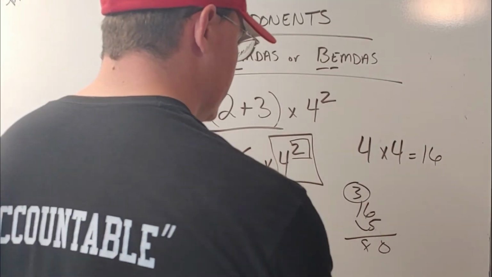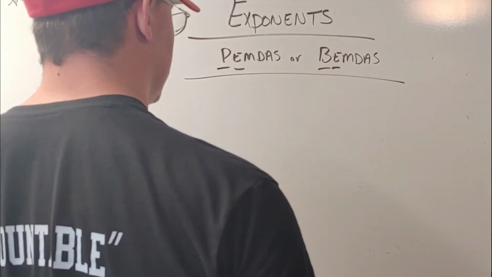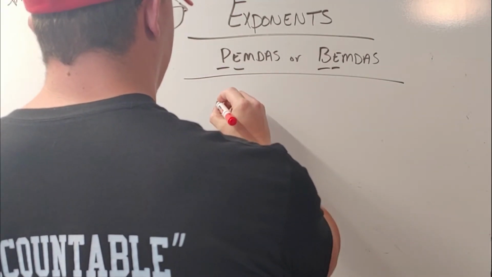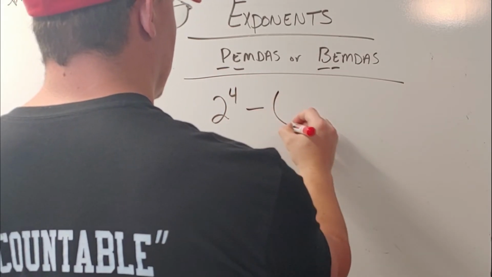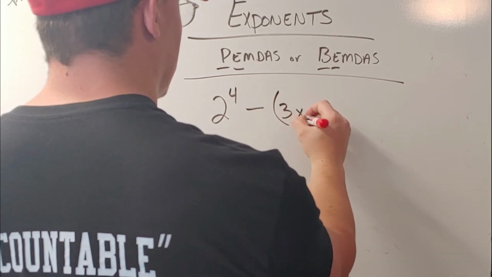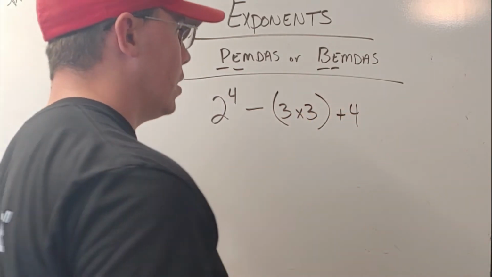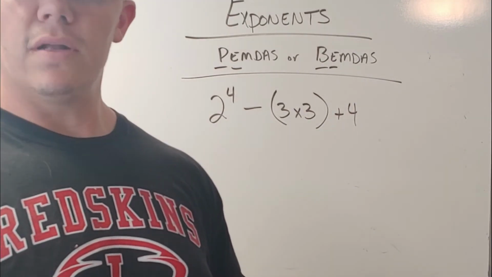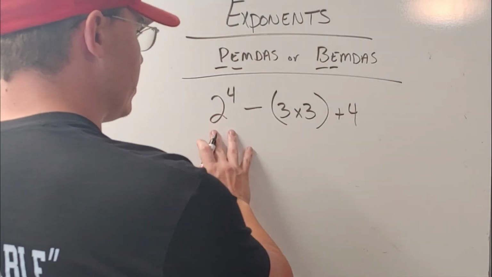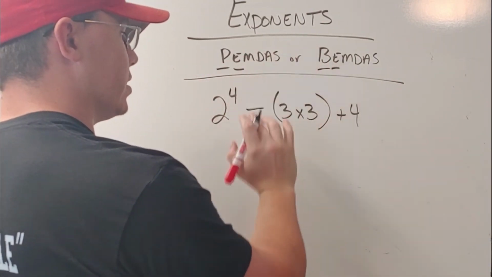Okay? So let's try a different one. Alright, so this one's a tad bit larger. But you still follow the order of operations. And although the exponent is over here to the left side, we've got to do the parentheses first.